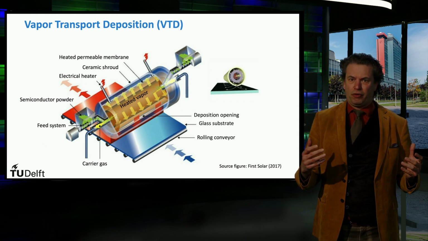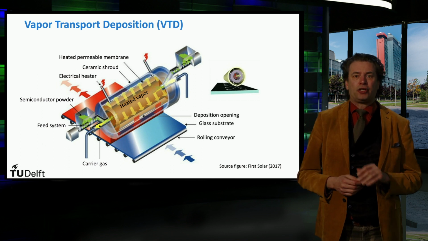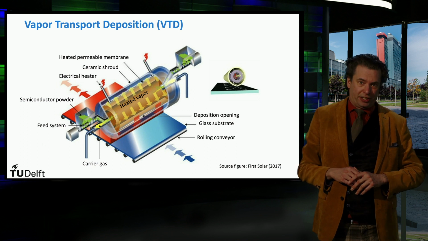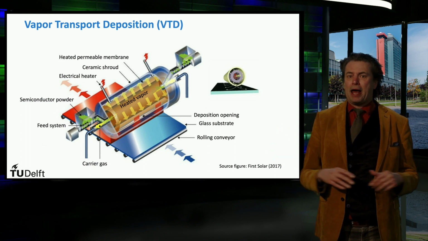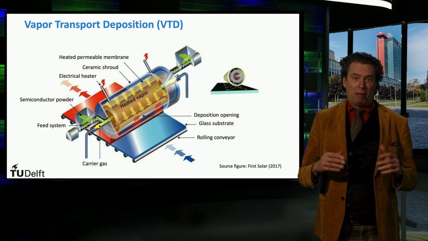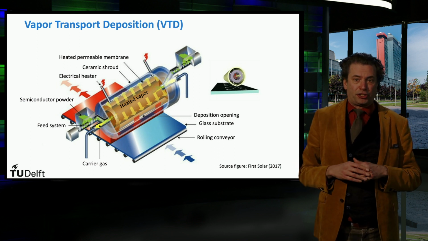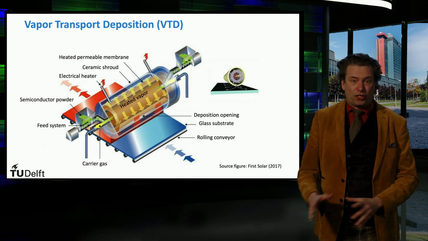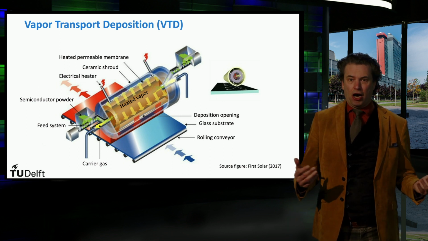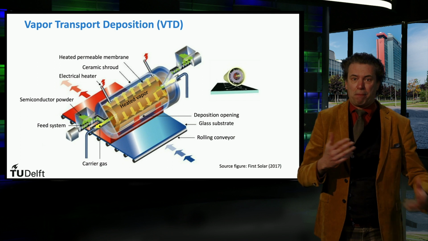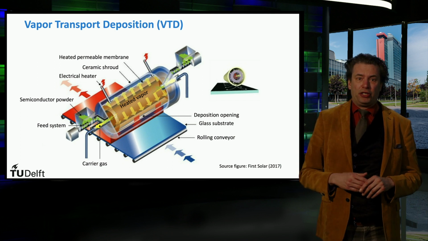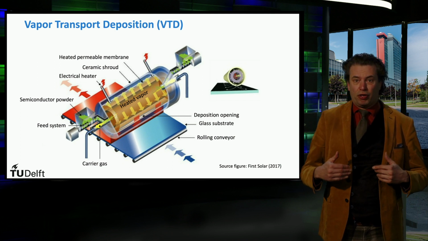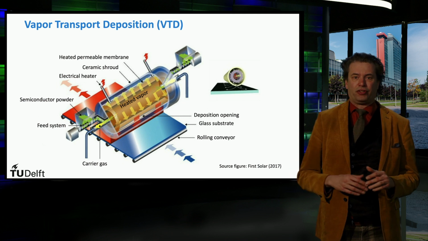The glass substrate will then be slowly passed under the reactor on a conveyor. The heated vapor can pass through a permeable membrane and reach the deposition opening when it comes in contact with the substrate at a lower temperature. Now the mixture of semiconductor vapor and carrier gas will be supersaturated, which will result in film growth on the substrate.